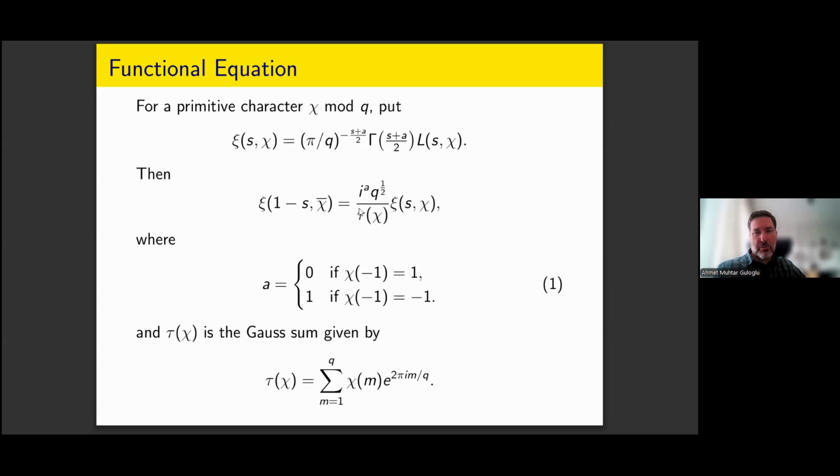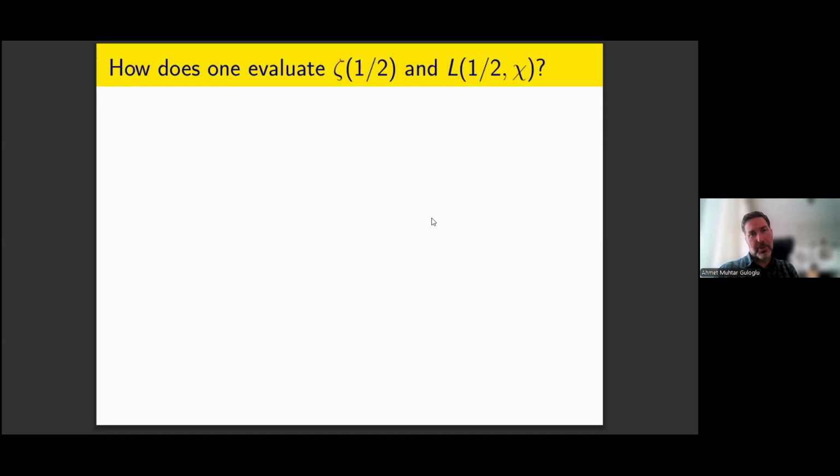Then obviously, because of the minus sign here, if you plug in 1/2 to both sides, you will see that the function vanishes at 1/2. So you can have an infinite sum of L functions which actually vanish at 1/2. That's what I meant by choosing the family correctly. For some families, you can get 0 always.